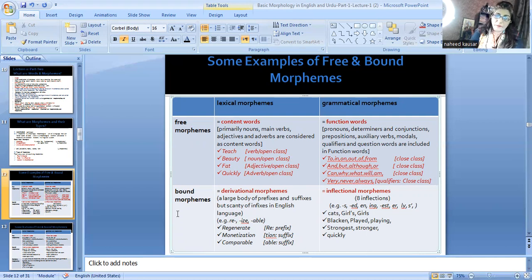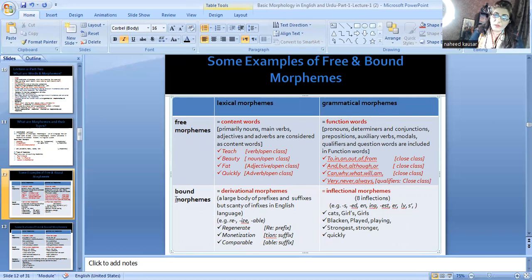If we talk about the bound morphemes, so these examples were from the free morphemes. Free morphemes can fall as the content words or the function words. They may be the lexical morphemes, they may be the grammatical morphemes.